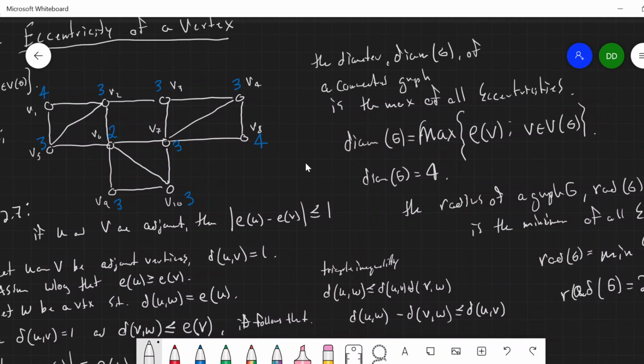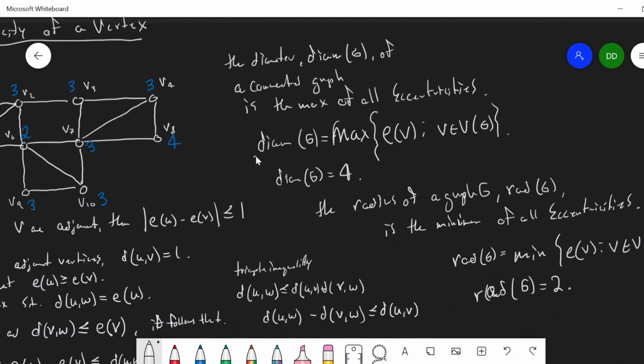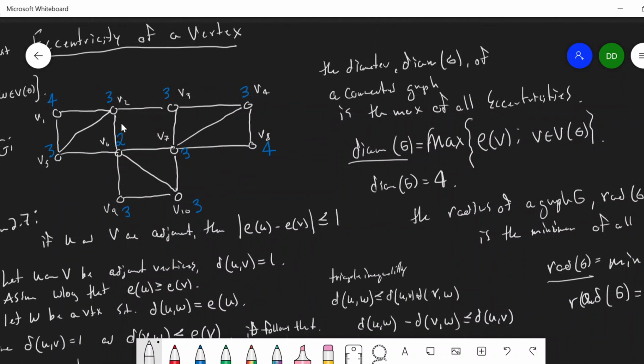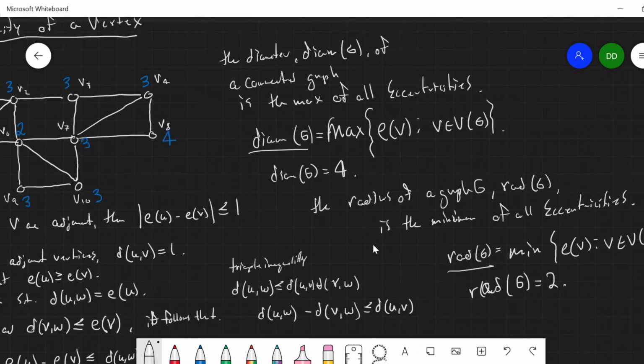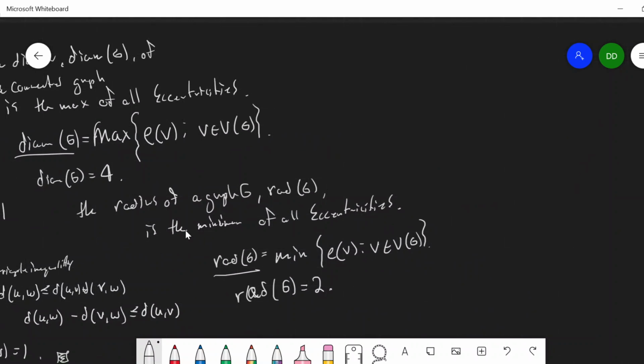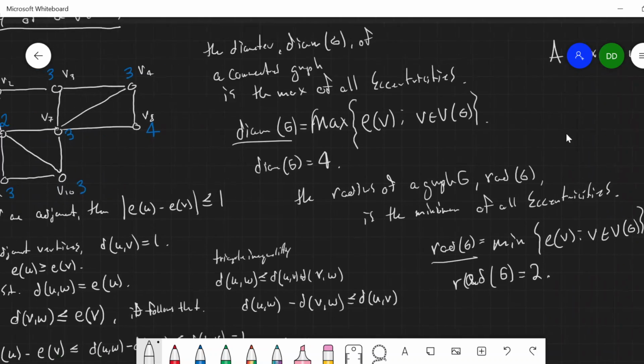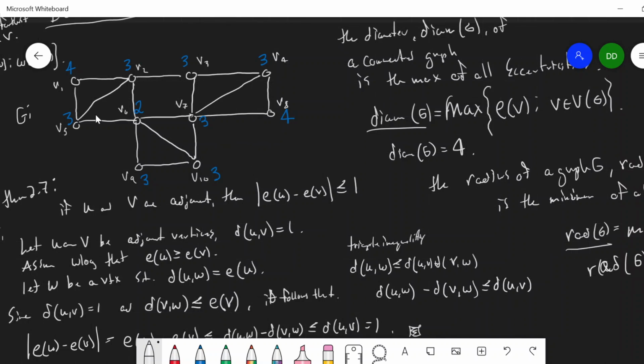Okay, so going along with these two terms, diameter and radius, we want a name for the vertex that achieves a vertex whose eccentricity is this diameter, and a vertex whose eccentricity is this radius. So a vertex V with eccentricity of V equal to the radius of G is the vertex that's as close as possible to all the other vertices.